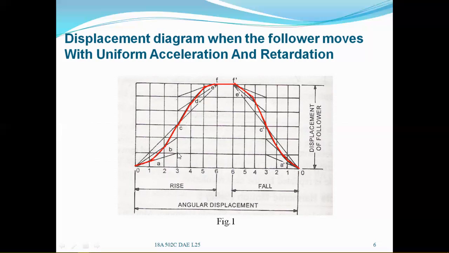This line will intersect the vertical 1 line at a certain point, say A. The vertical line of point 1 and line 0 to 1 will intersect at this point, that is A, and similarly the second vertical line will intersect at point B. This will be the second point, and similarly the 3 vertical line as well as 0 to 3 will intersect at this point, that is C.